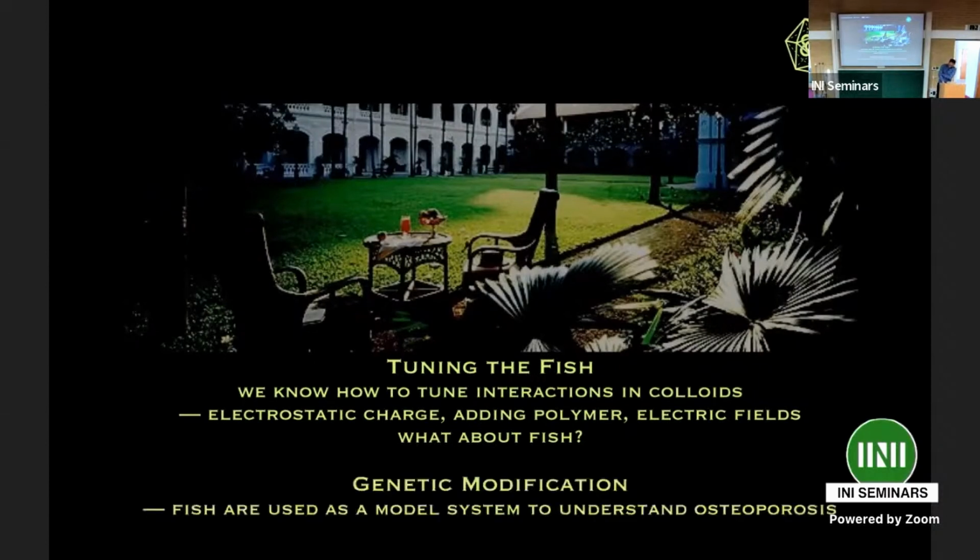And the obvious thing is genetic modification, although this is not entirely coming from the colloid side, I must say. My collaborator, Chrissy Hammond, in Bristol, was using the fish as a model system to understand osteoporosis.